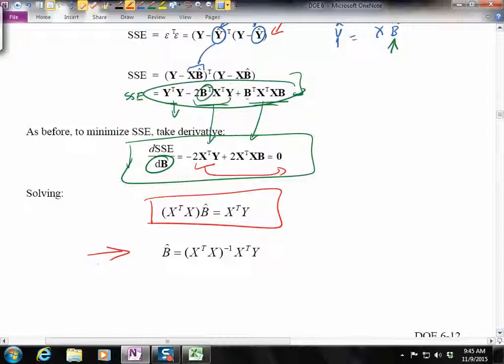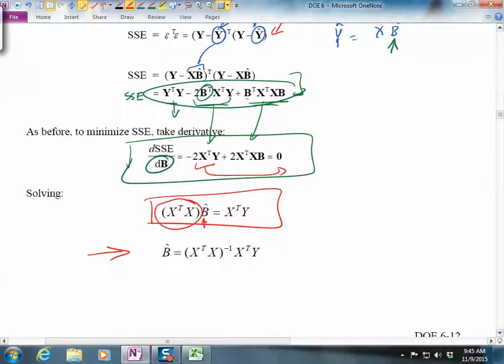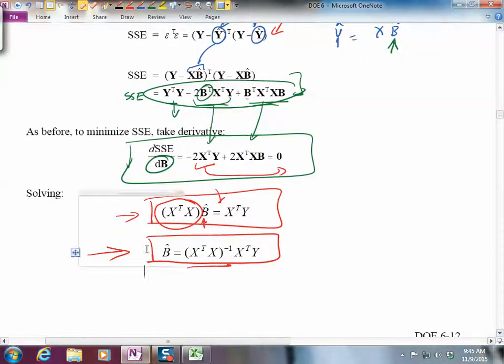And remember, if all these are vectors and matrices, you can't divide by a matrix, right? You have to multiply by its inverse. Everyone remember that? Okay, so we have to take this and pre-multiply both sides by the inverse of that, which is right there. And that will give us our coefficients in our model.